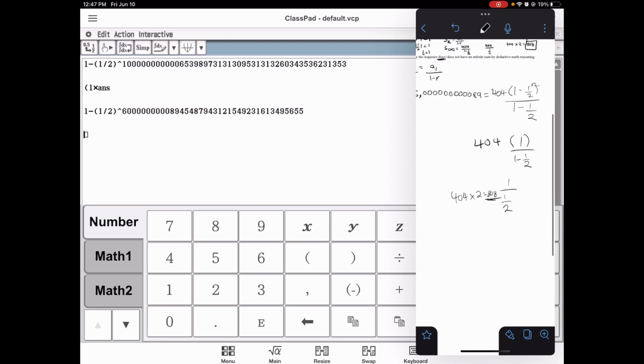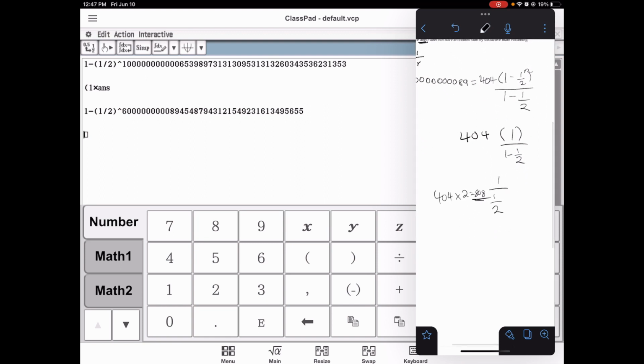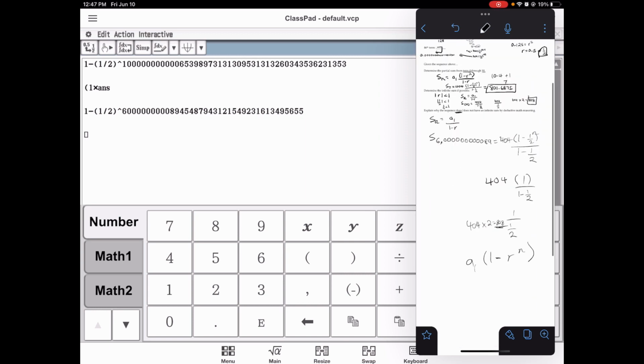Now, why does that appear to be true? Because the formula is a1 times 1 minus our ratio raised to the power of n. For our infinite sum to be true, the ratio has to be less than 1 in absolute value.